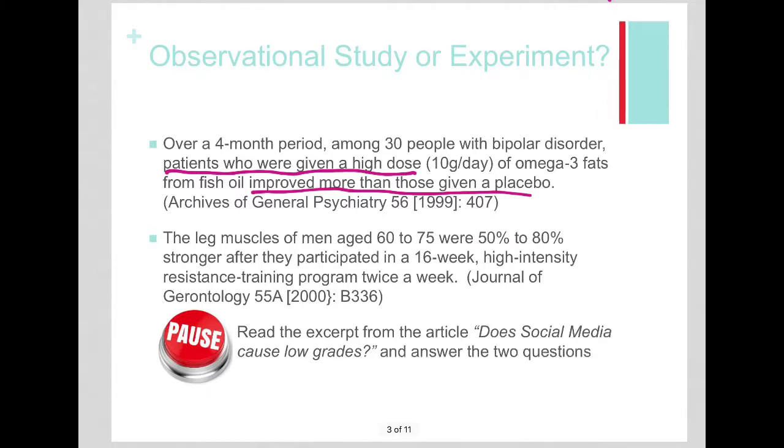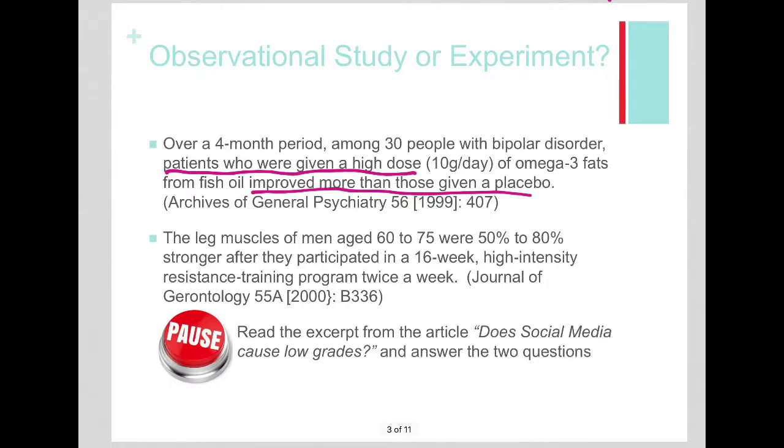And from that, they can track or follow the patients who said yes and the patients who said no over a 4-month period and compare them at the end to see whether or not those that were taking fish oil improved more than those that weren't. So that's the way it could have been observational, where they're just observing what's already occurring and they're not actually given the treatment of fish oil. The minute they're given something, it sounds like they changed something in their lives, therefore it becomes an experiment.